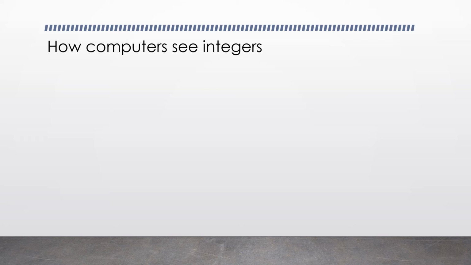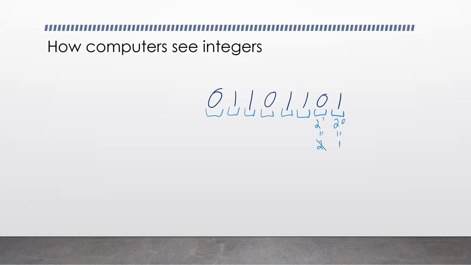If we take another example of an integer here, 0, 1, 1, 0, 1, 1, 0, 1, say. Starting at the right and counting toward the left, each bit increases the power of 2. So this would represent 2 to the 0, which is 1. This would represent 2 to the 1, which would be 2, but since it's a 0, we don't use it.